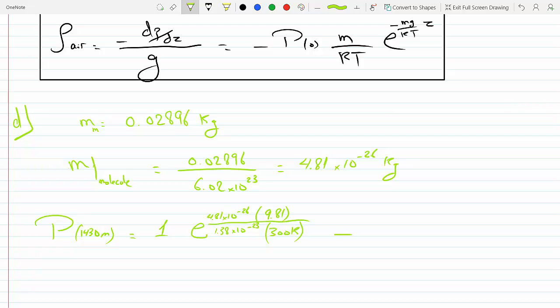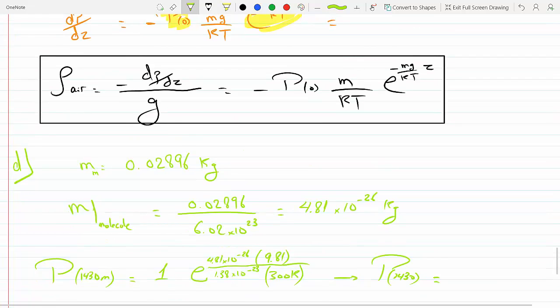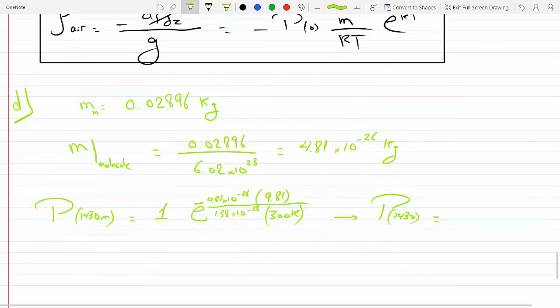And you plug this in the calculator, you would get that the pressure at that altitude in Utah is... Oh, there's a minus sign here. And so let me plug this in.